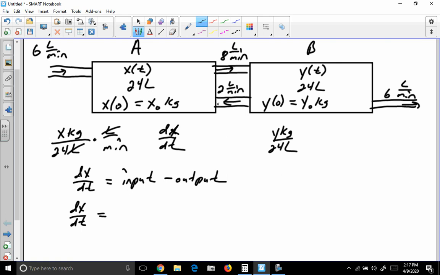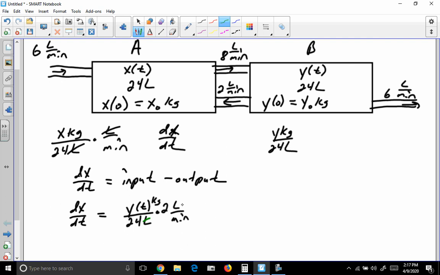This one at the bottom is coming from the other tank, so this concentration is Y of T over 24, and then the volume change is 2 liters per minute. This is 24 liters, this is kilograms.